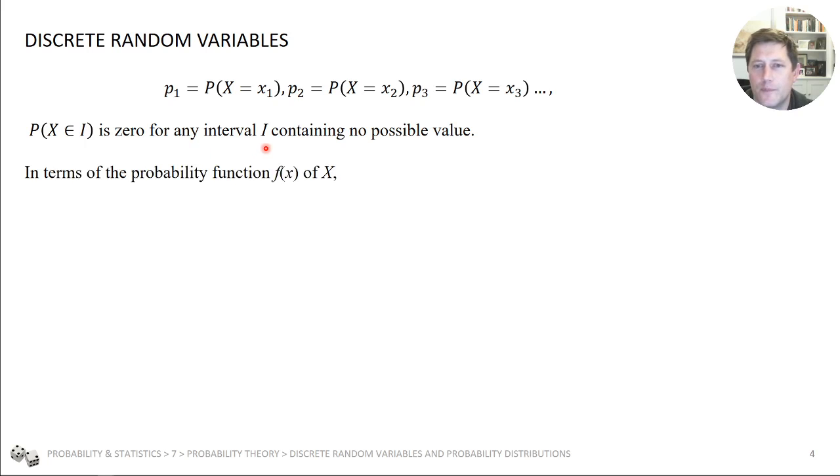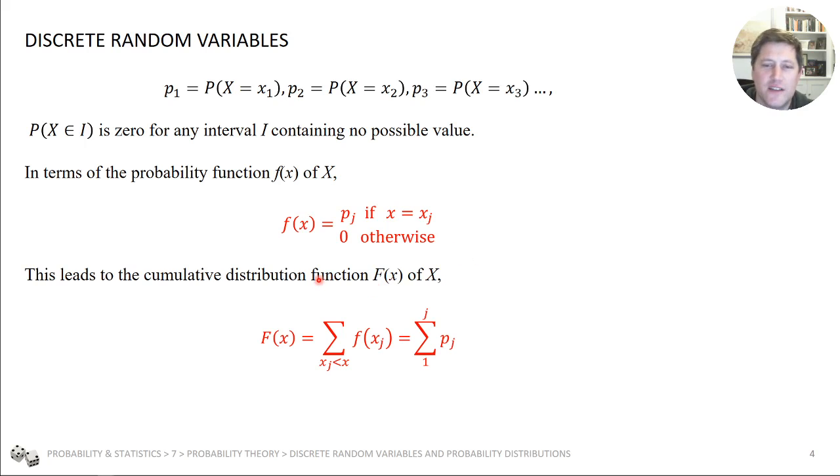So in terms of the probability function, the lowercase f, that is equal to pj if x equals xj, otherwise it's equal to 0. So we can write a probability function for this discrete variable.